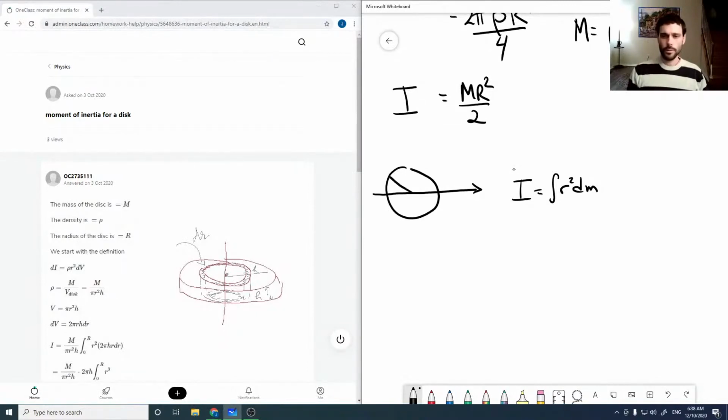So if we wanted to identify one, and remember the r's are always perpendicular distances, so these would be our r's. And here's one such segment where it would have all the same r from the axis.